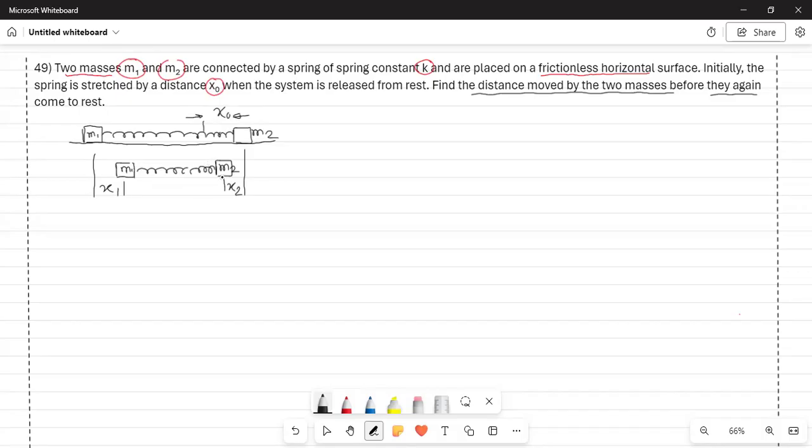This is the first bounce when both of them come closer to each other. At this time, the spring length is not the neutral length. It will be less than the neutral length, because of the potential energy release. Anyway, at this point, this is the distance traveled x1, this is the distance traveled x2. We need to find out the values of x1 and x2.